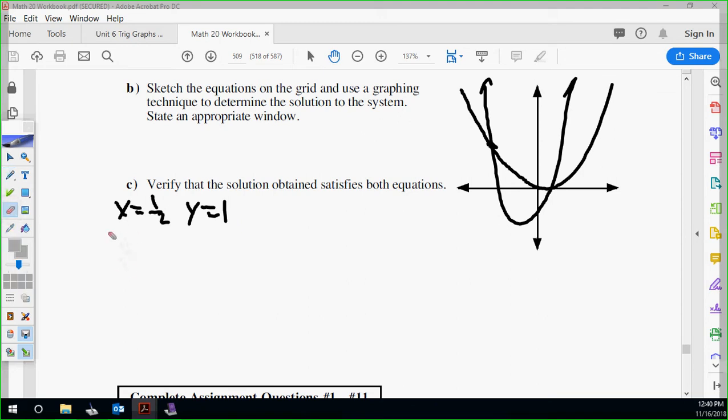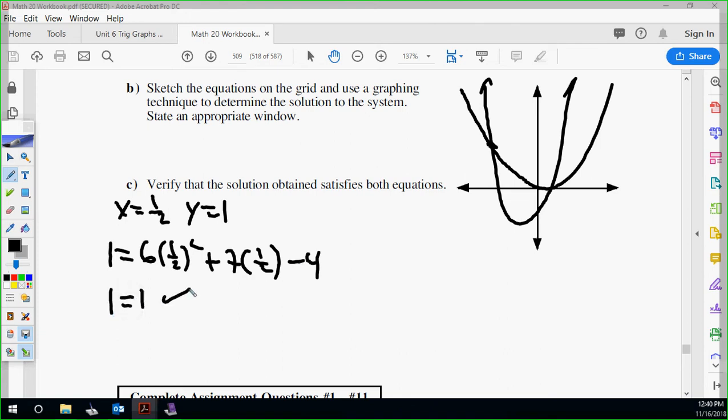Y is 1. 1 equals 6 times 1/2 squared plus 7 times 1/2 minus 4. So we'd calculate this side, make sure it's 1. And it is. So that means it verifies.